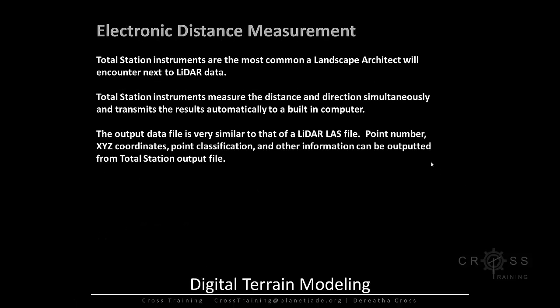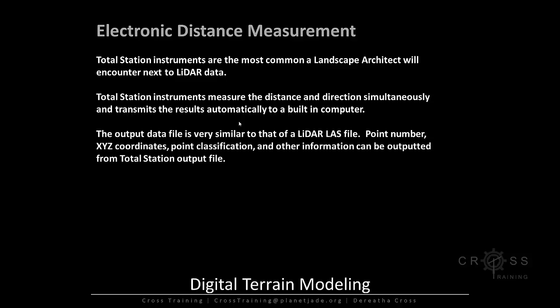I'm going to talk a little bit about electronic distance measurement, or EDM for short, because these are the ones that you're going to encounter the most in landscape architecture, other than LiDAR data. Total station instruments measure the distance and direction simultaneously and transmit the results automatically to a built-in computer.